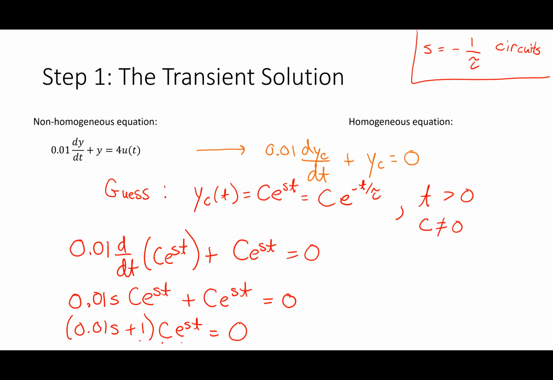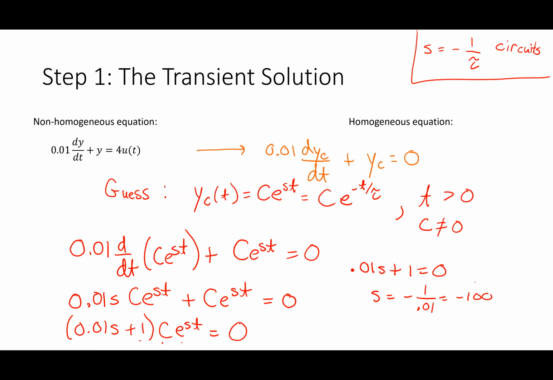C and e to the st. e to the st can never be 0, unless I was at negative infinity, which I'll never reach either. So in this case, I know that 0.01 s plus 1 equals 0. That means s equals negative 1 over 0.01, or negative 100.